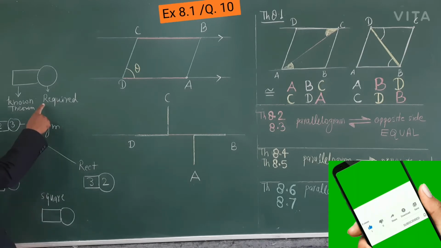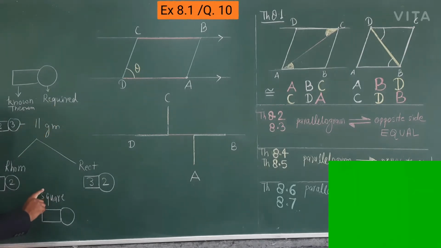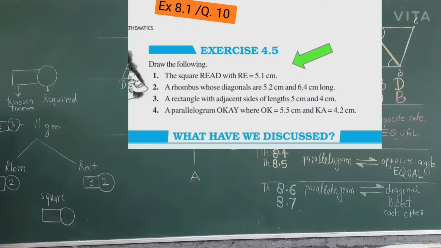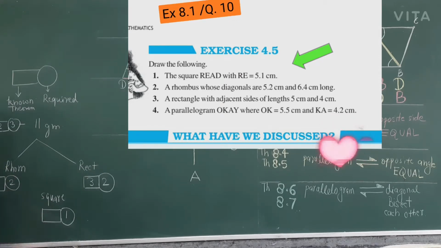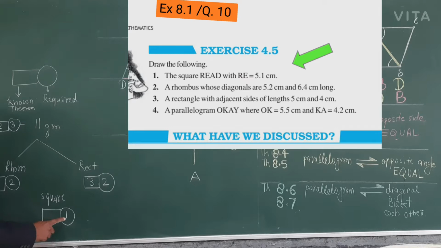Can you tell how many informations are required to draw a square? In my part 2 and part 3 videos I have told you. Yes, you are correct: to draw a square only one information is required, that is the side. We don't need length and breadth, only the side of a square.